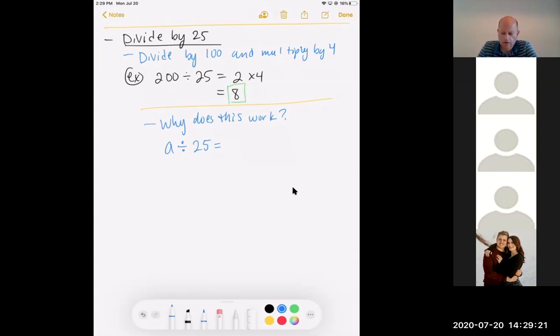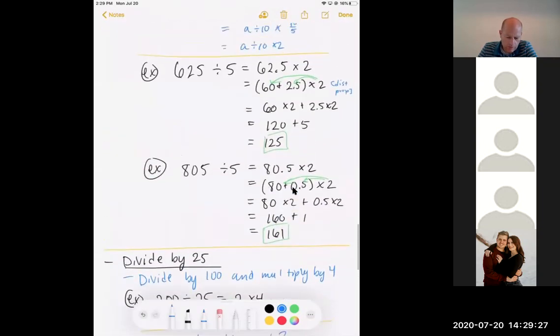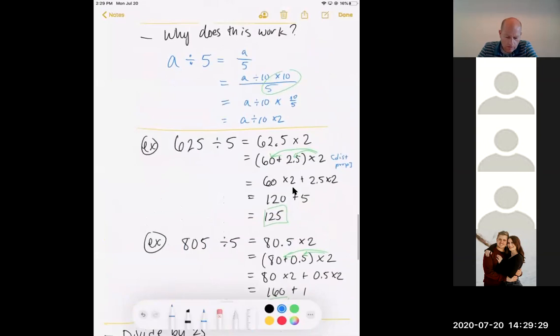Did you guys copy down your notes, the proof for the other one? Why it works? Scroll back up here. Why does this work? All I'm doing differently is I'm putting 25 there, and then we have to see how it plays out. The approach is still the same.